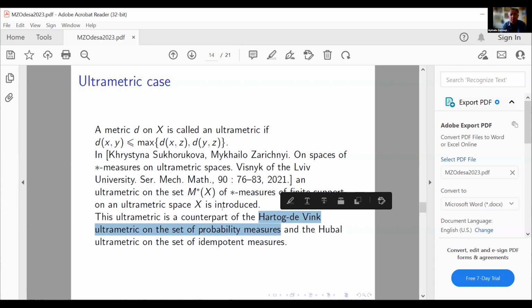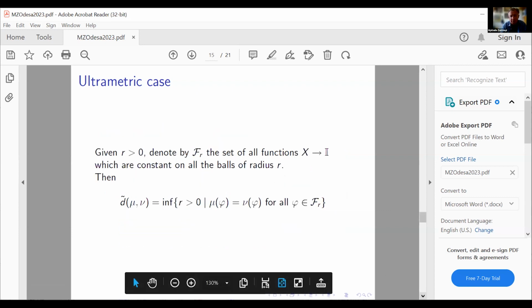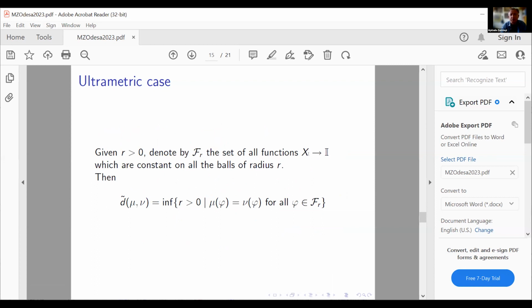So I hope that our metric would also be of some interest. And this is the definition. Given a positive R, we denote by F sub R the set of all functions which are constant on the balls of radius R. Then d tilde between mu and nu is the infimum of R such that the values of mu and nu coincide on all the functions which belong to F sub R.